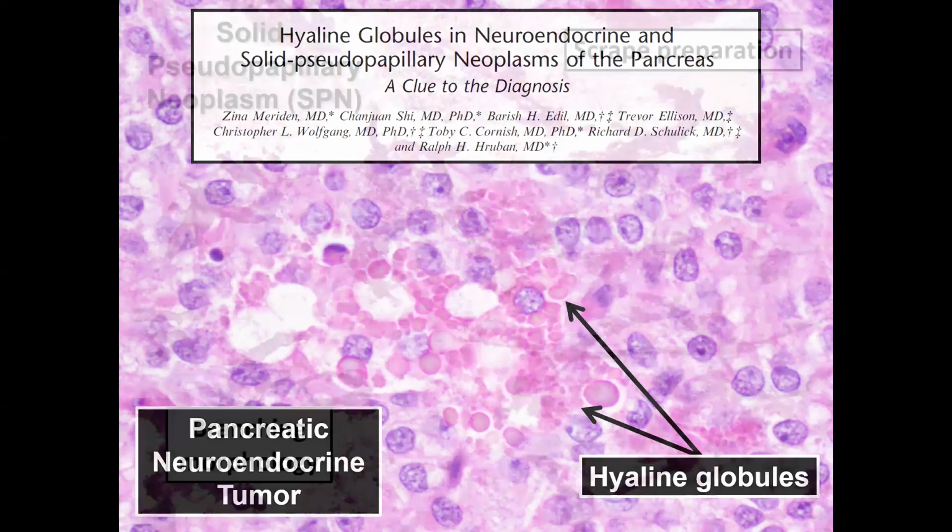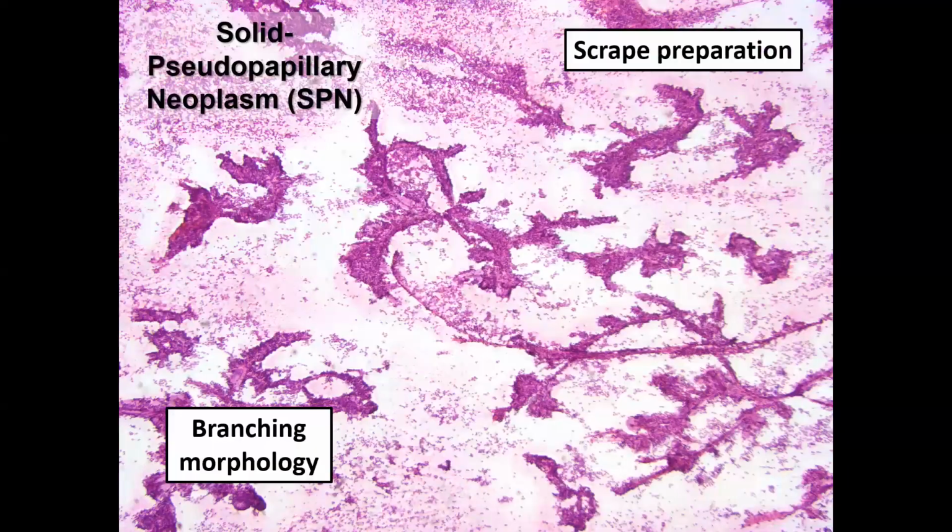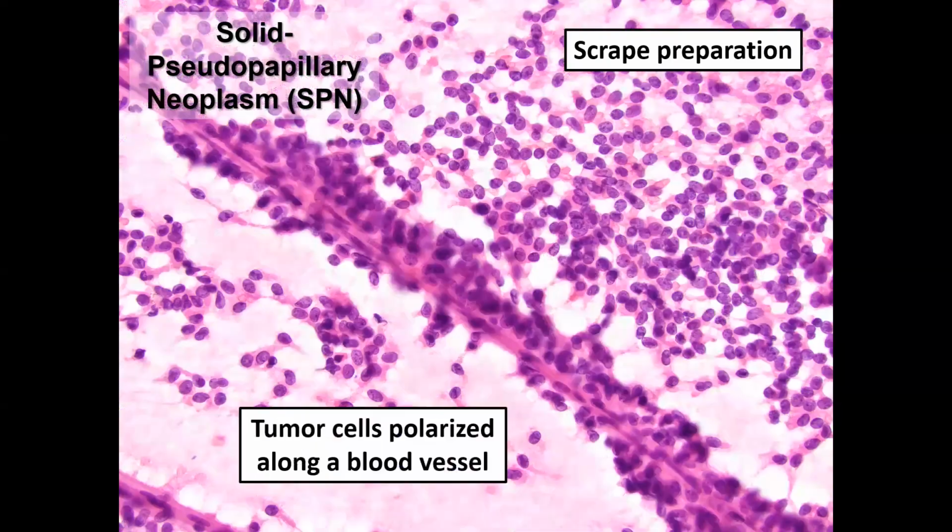What I find most helpful in making a diagnosis of a solid pseudopapillary neoplasm is performing a scrape preparation at the time the specimen is resected, when it's really fresh out of the OR and hasn't touched formalin just yet. Scraping a solid pseudopapillary neoplasm and staining the slides with a quick H&E demonstrates a beautiful branching solid pseudopapillary pattern of neoplastic cells polarized around a thin-walled vessel.